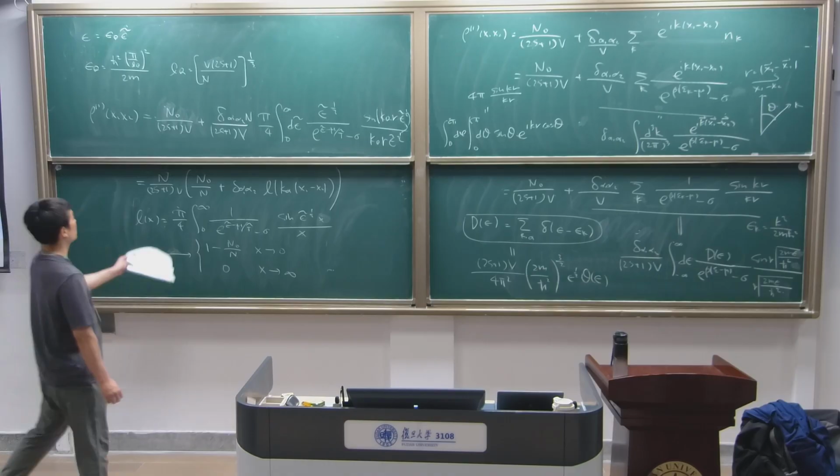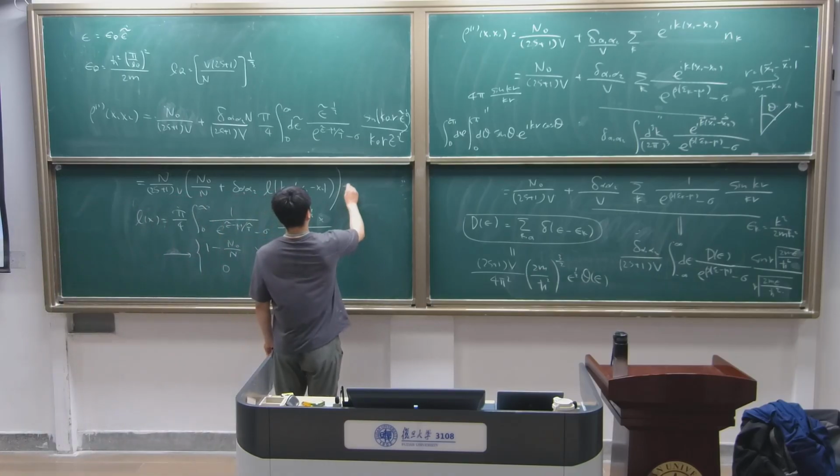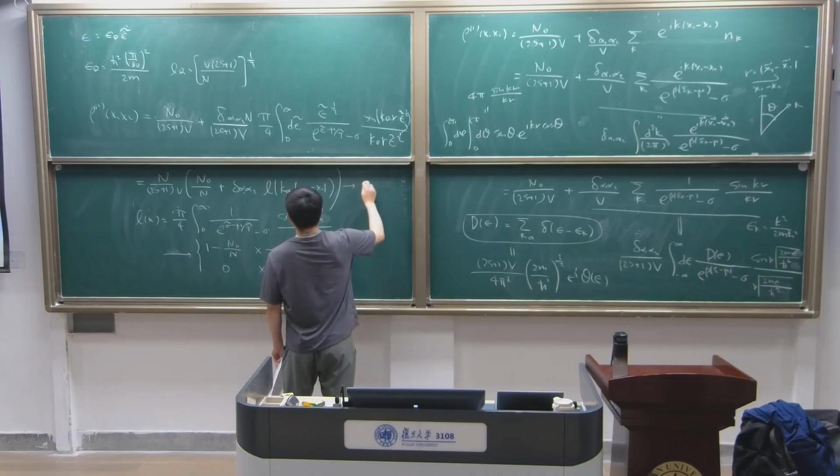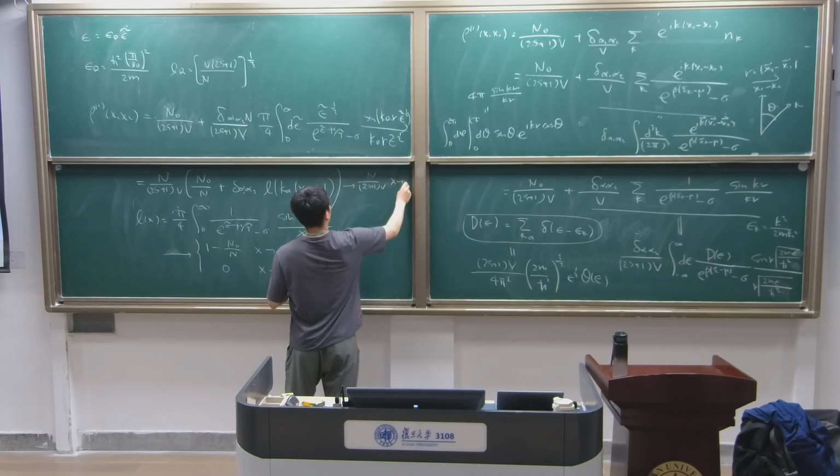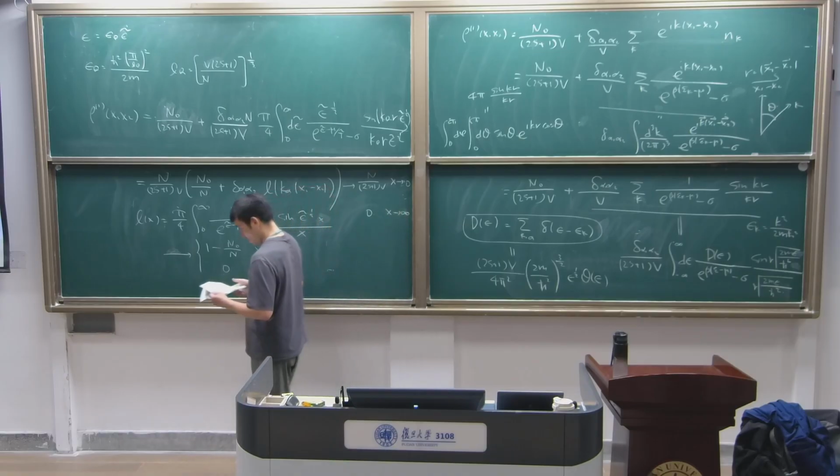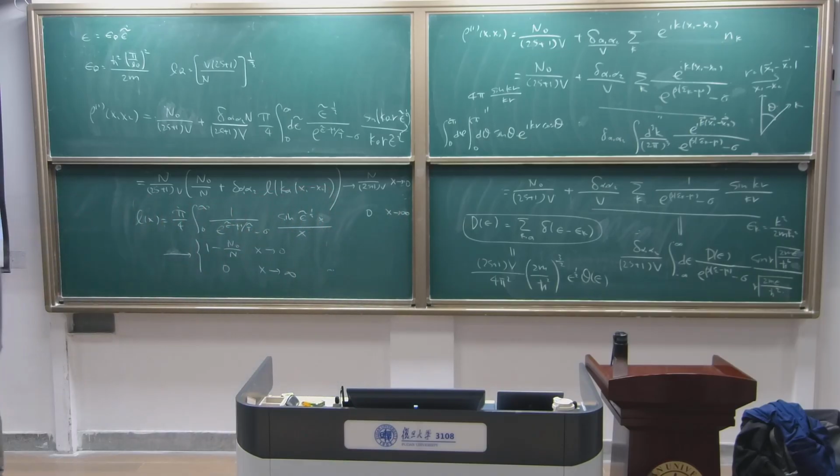So this guy is behaving like n over es plus divided by e when x goes to 0, and 0 when x goes to infinity. That's what we have. Okay, so that's the case.